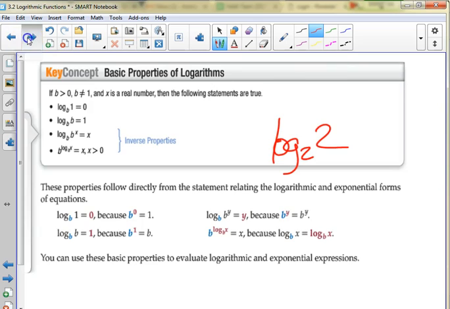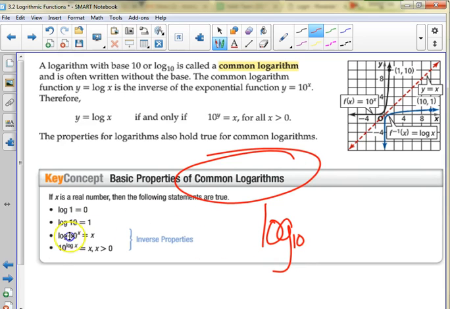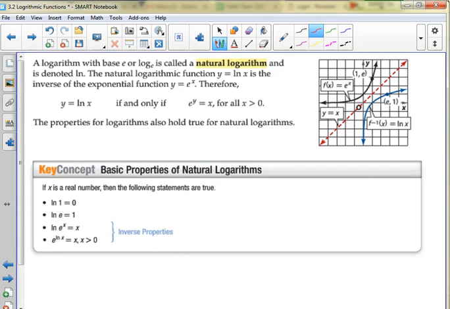Okay. When we don't use a base, when they just write log and there's no base, it's understood to be a 10. Okay. And it's called a common log. And that's the same properties. And remember we talked about e on Friday, Euler's number? Occurs in nature. Do you remember what it's about? 2.7. Remember, pi is a little more than 3. e is a little less than 3.